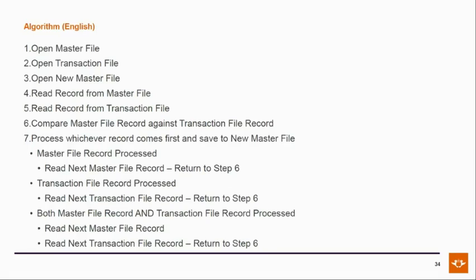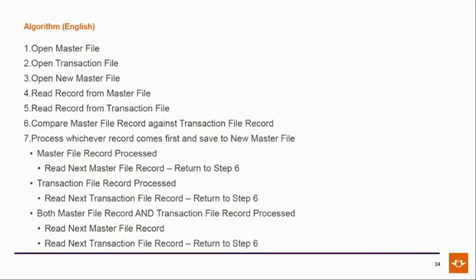You'll compare the master file record against the transactional record. First process whichever record comes first and save to the new master file. So whichever information is first, whether it's in the master file or the transactional file, you'll process that and then save it to the new master file.